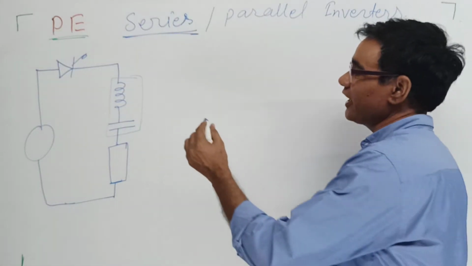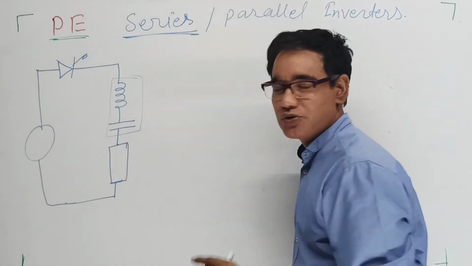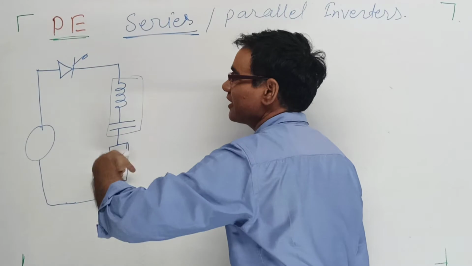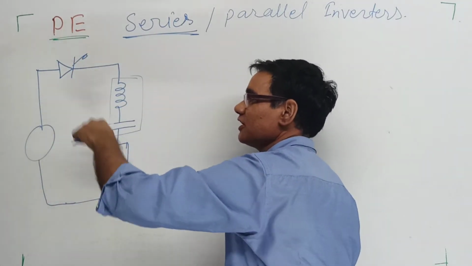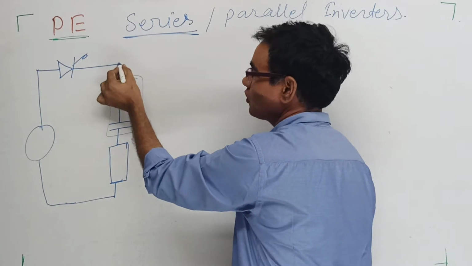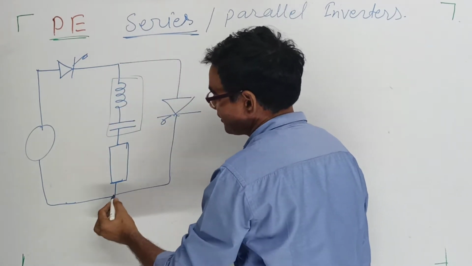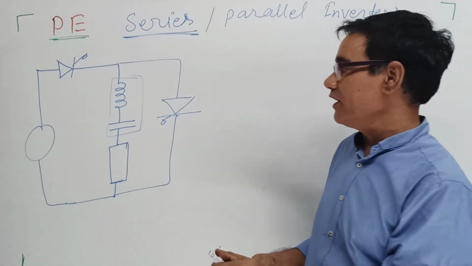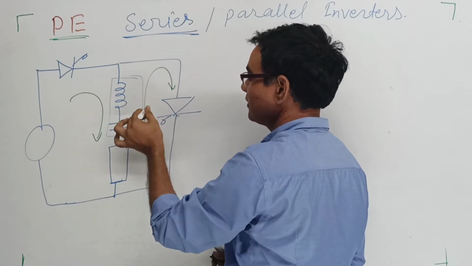This is the one directional cycle, but in the inverter there are two cycles, one in this direction and the second with current in the opposite direction. To flow that current, a parallel thyristor is connected in the circuit like this. So there are two directional currents, one like this and the other like that.